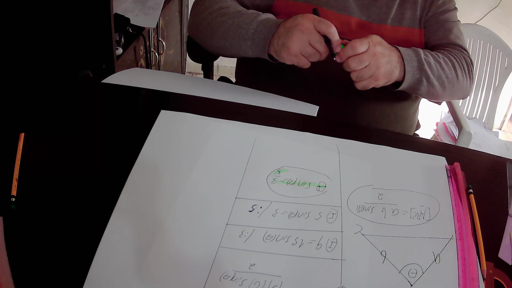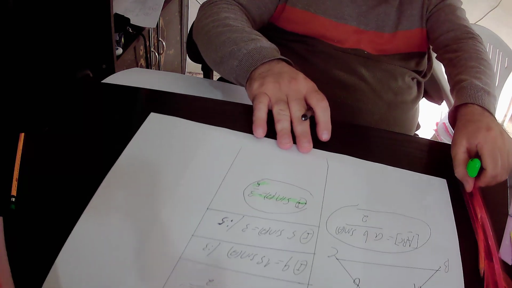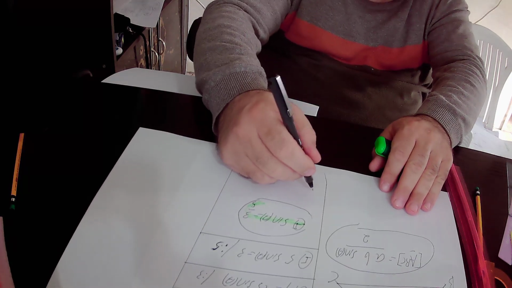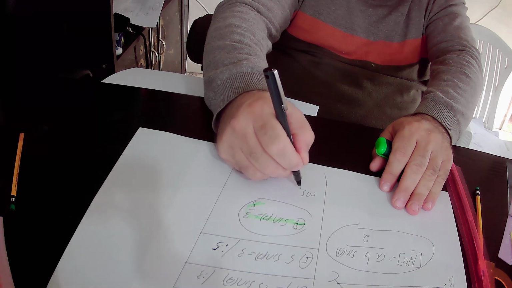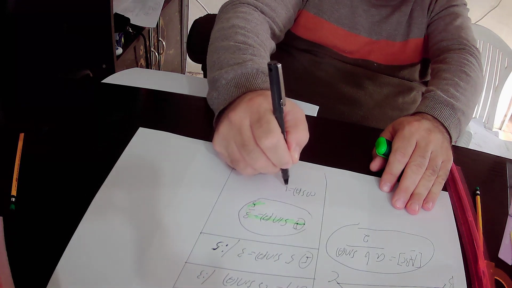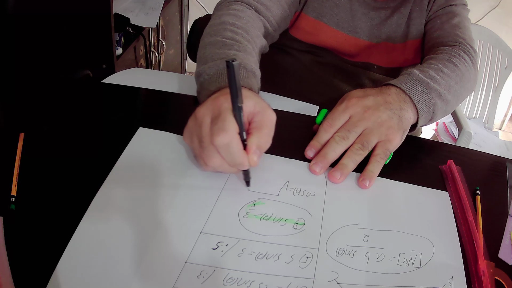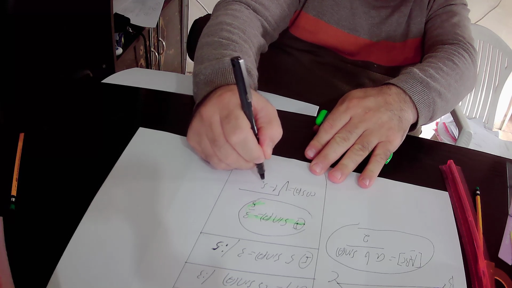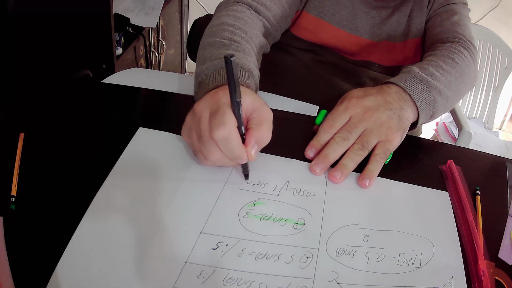But we actually have also the trigonometric identity that states that cosine theta equals the square root of 1 minus sine squared theta.